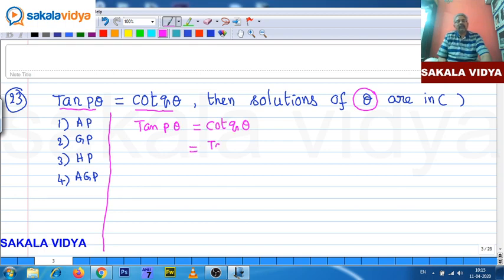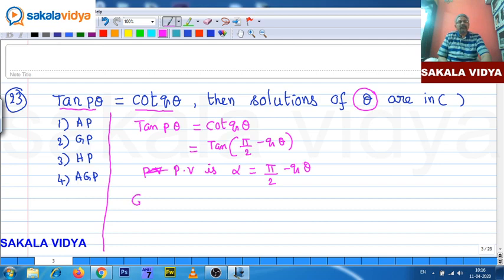This can be written as tan of (pi by 2 minus q theta). So here the principal value alpha is equal to pi by 2 minus q theta.